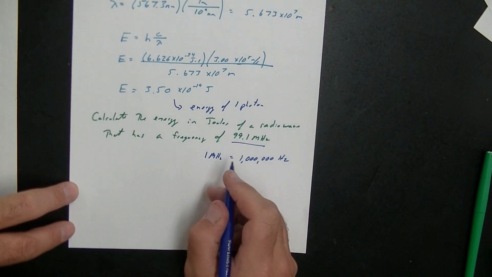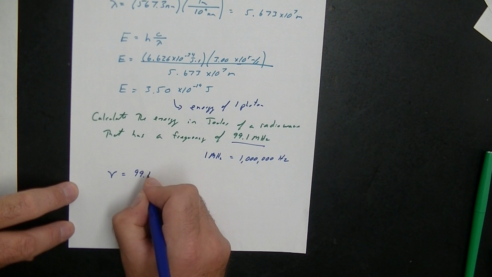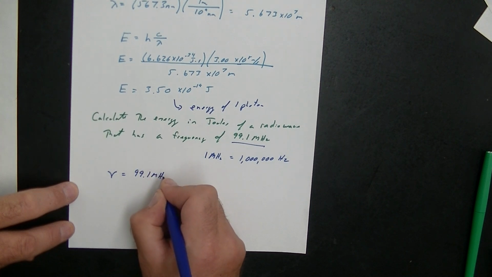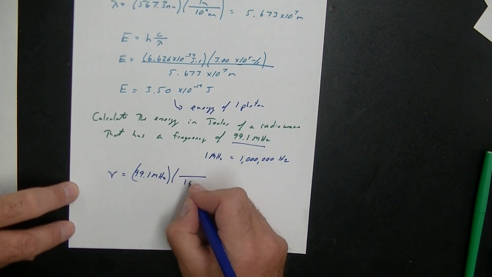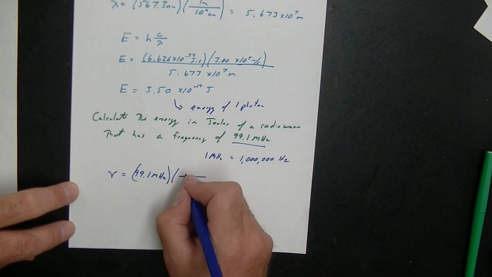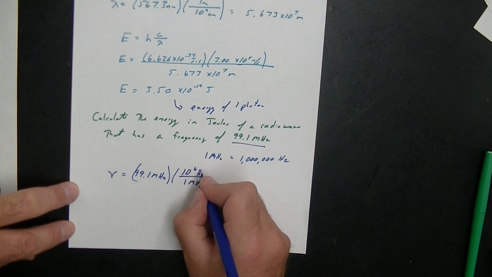So we can use this conversion. So our frequency is 99.1 megahertz. For every 1 megahertz, we have 1,000,000. Let's just use 10 to the 6th hertz.